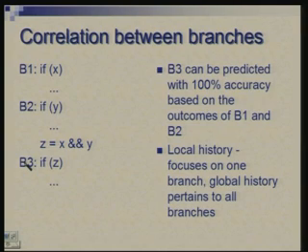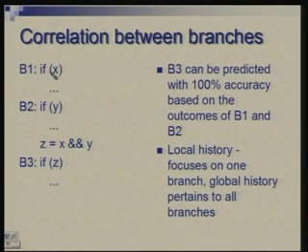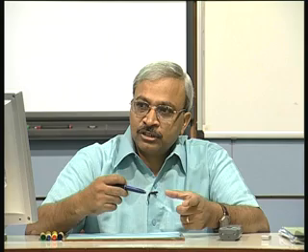So, you look not just at the history of this branch, but at global history, that means the history of branches which have recently occurred in time. They may not be recent occurrences of just the same branch, but of other branches. So, for example, if you encode the outcome of this branch by 0 or 1, and the outcome of that branch by 0 or 1, you look at a string of 1s and 0s which represent the last few branches, and looking at that pattern, it may be possible to predict with much more accuracy the outcome of the branch you currently have at hand.